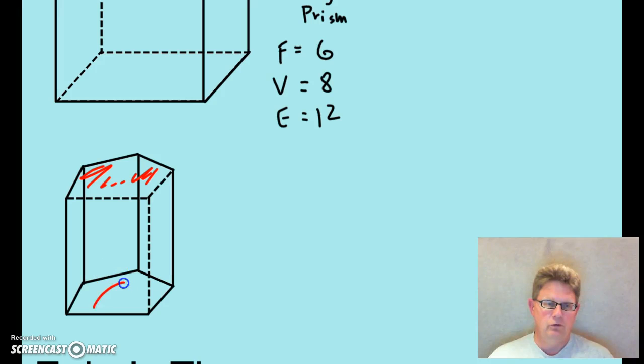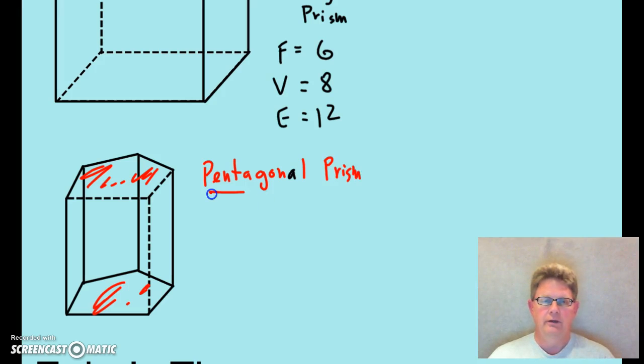What shape are those? Yes, they're pentagons. So this is a pentagonal prism? No. You have the emphasis on the wrong syllable. That is a pentagonal prism. Yeah, I know. Oh, you're such a stickler for details, Manning.